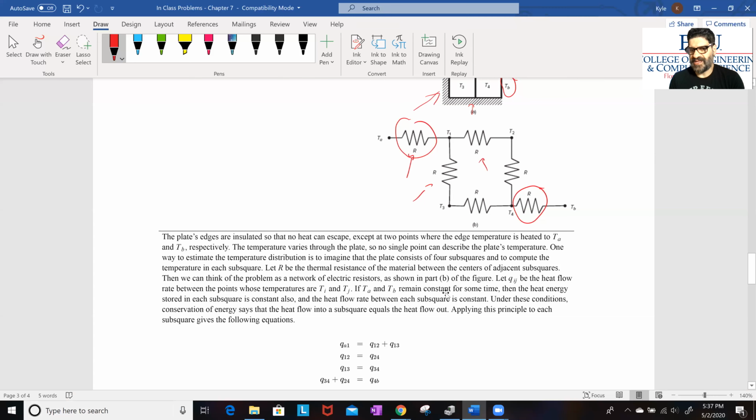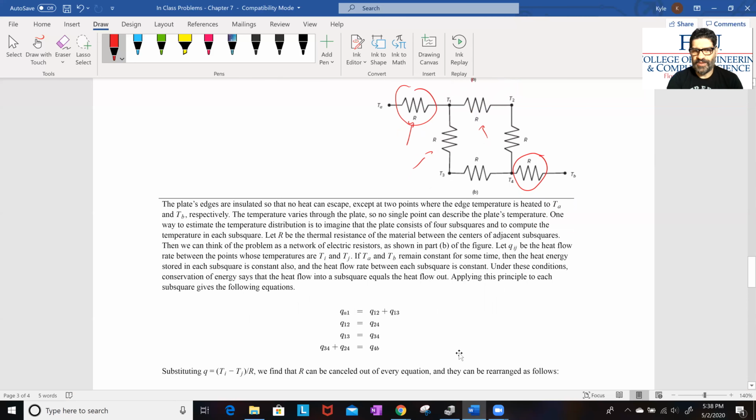If Ta and Tb remain constant for some time, then the heat energy stored in each subsquare is constant also, and the heat flow rates between each subsquare are constant. Under this condition, conservation of energy says that the heat flow into a subsquare equals the heat flow out. So whatever heat is coming in is equal to the heat going out. Applying this principle to each subsquare gives the following.